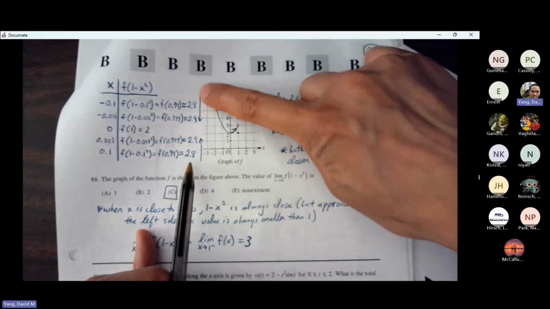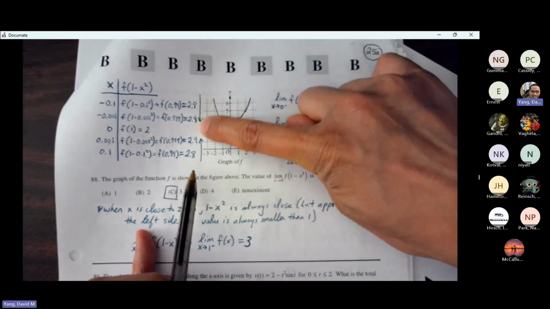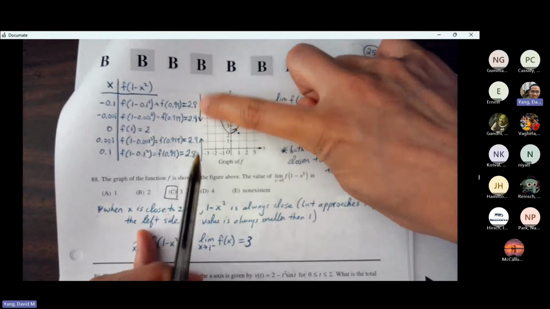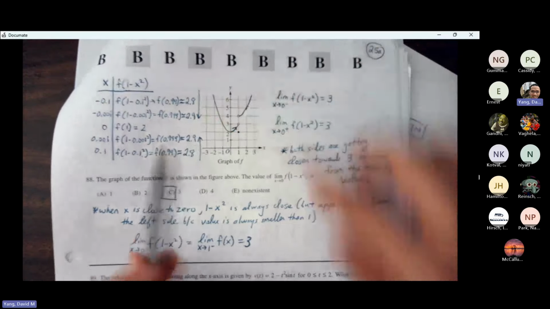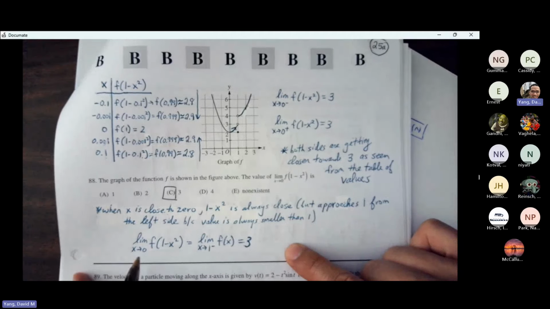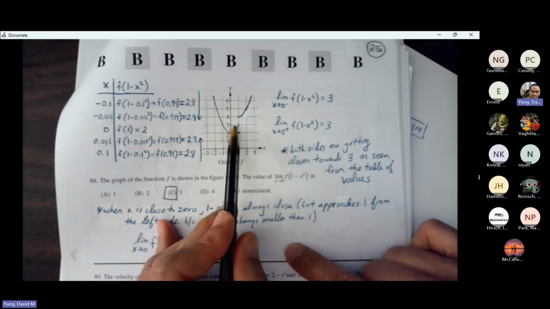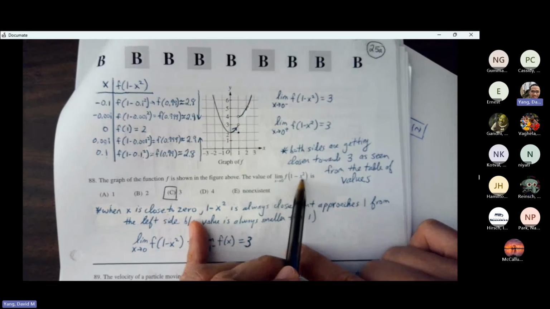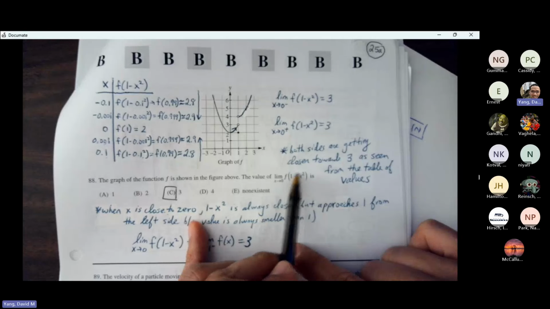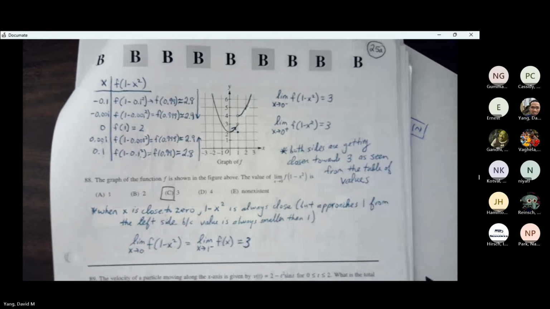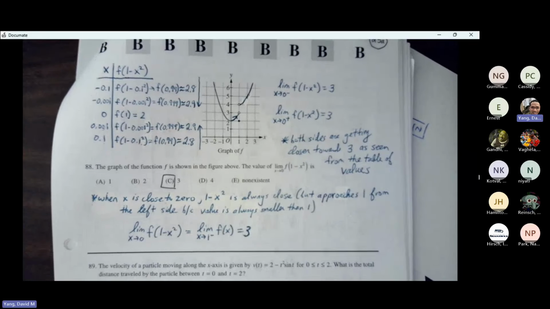If you look at these numbers, 2.8, 2.9, 2.99, we can tell that these numbers are getting closer towards 3. So that's why the limit is equal to 3, even though we're only looking at it from the left side, because any value we choose has that x squared forcing it to always come from the left side. That one was a little bit strange.